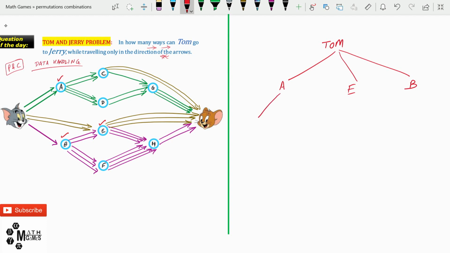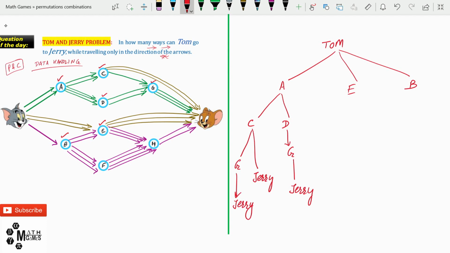From A he can go either to C or to D. From C he can either go to G or straight away go to Jerry. When Tom is at D, he has only one option, go to G, and that will further take him to Jerry. Similarly here also the final position will be Jerry. So the above route is mostly covered.